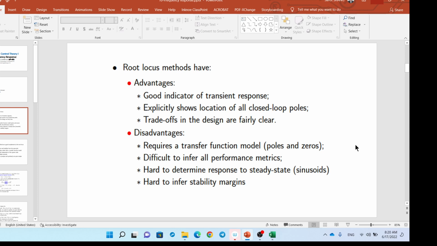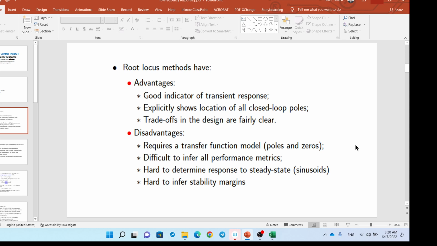You can only make a conclusion that the transient response may oscillate or not, but you cannot really have the actual metrics of the performance. For example, the percentage of overshoot, the rise time or settling time, you cannot specify exactly.